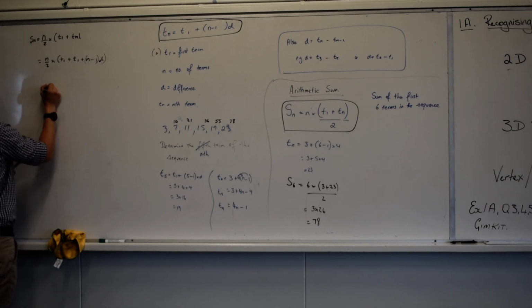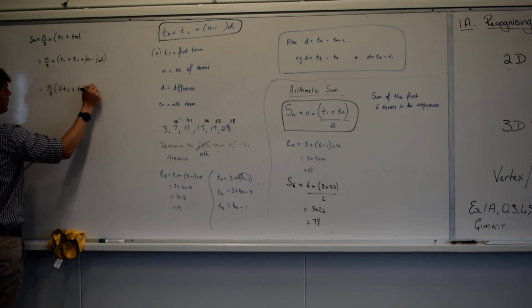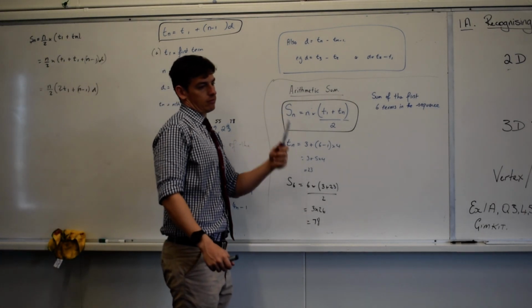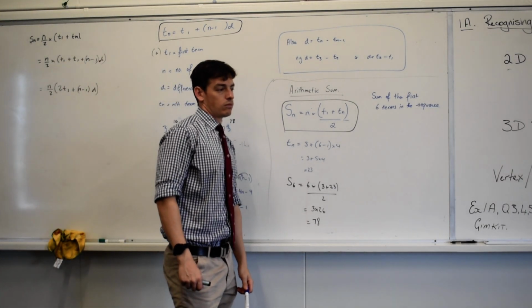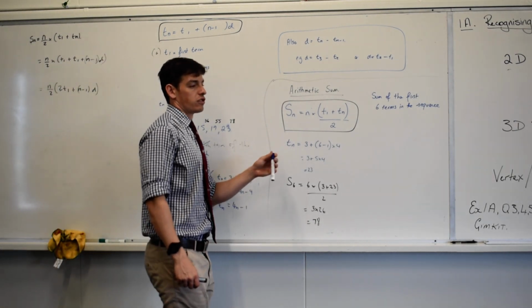I collect like terms: n over 2 times (2T1 plus (n minus 1)d). That's your formula, or you can just remember that one. It's on your formula sheet.